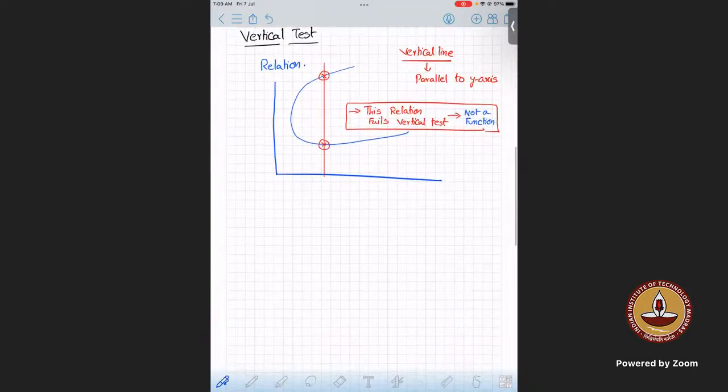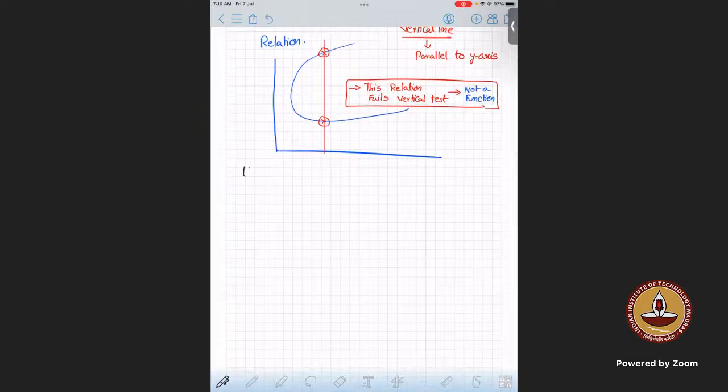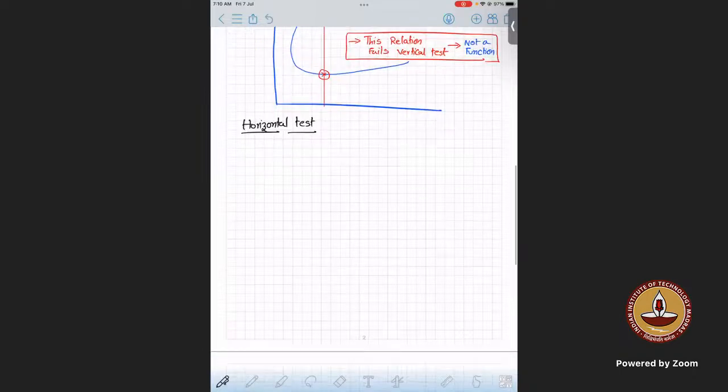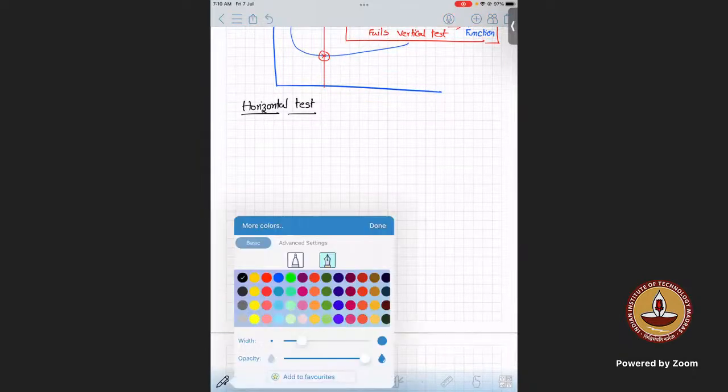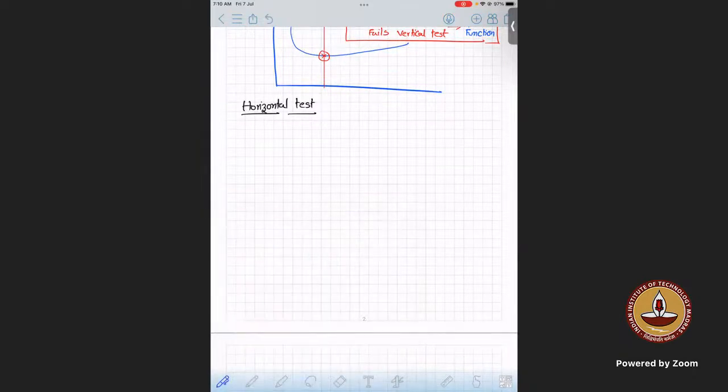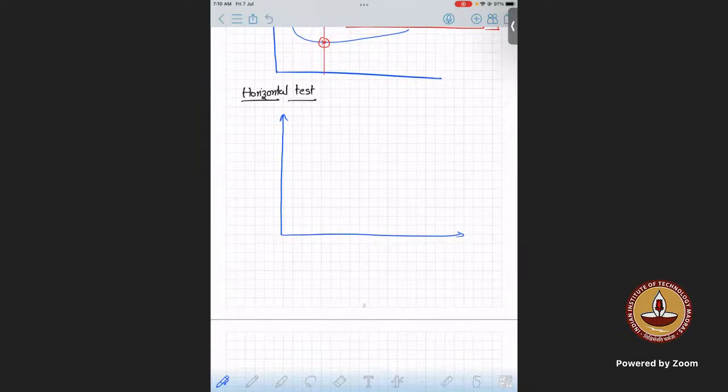And then coming to the horizontal test. Suppose there is a graph like this.